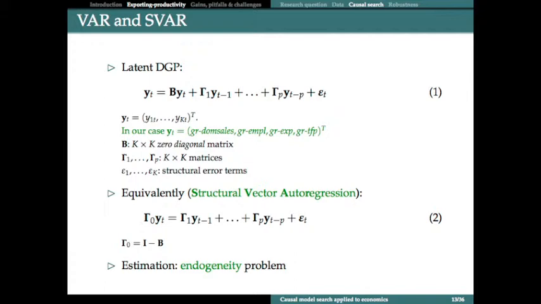It's the structural model, which is latent and describes the structural relations, so the data generating process underlying the data. We cannot estimate it directly because we have problems of endogeneity. We may risk regressing an effect on its cause. So we don't know what the coefficients of this matrix B are.